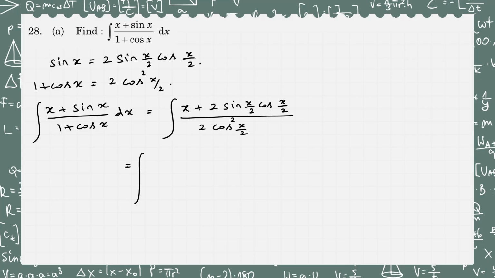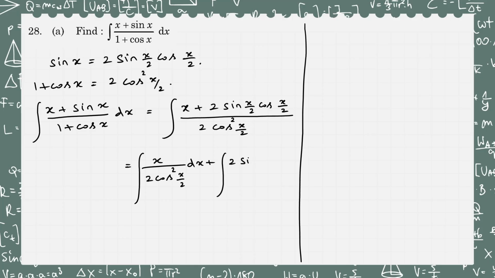Now, as you can see, we can split this into two integrals: integral of x by 2 cos square x by 2 dx plus integral of 2 sin x by 2 cos x by 2 divided by 2 cos square x by 2 dx.